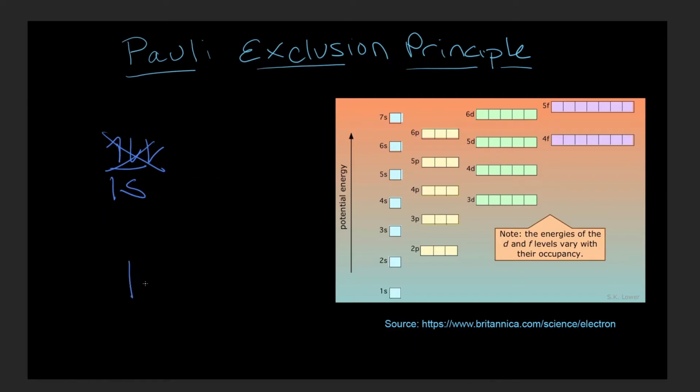And we also could not have electrons that are facing in the same direction. What Pauli exclusion principle states is that within that orbital, you must have only 2 electrons, and they will be going in opposite directions.